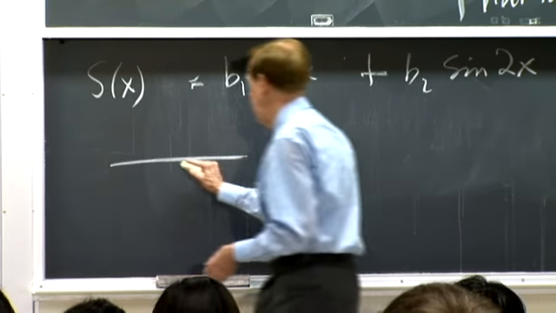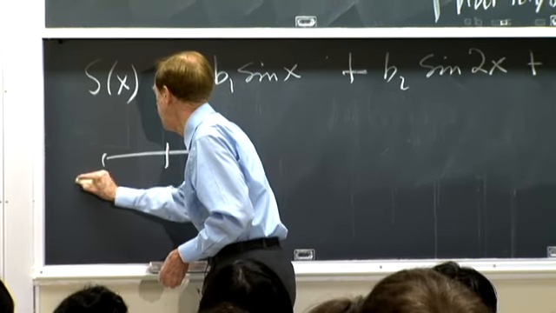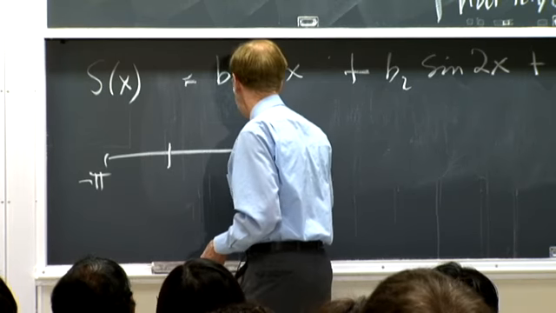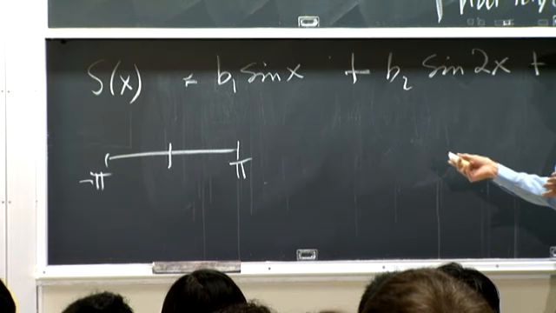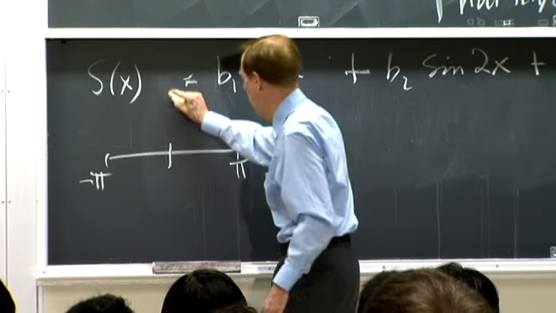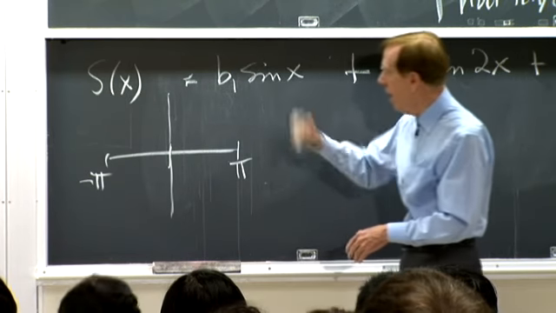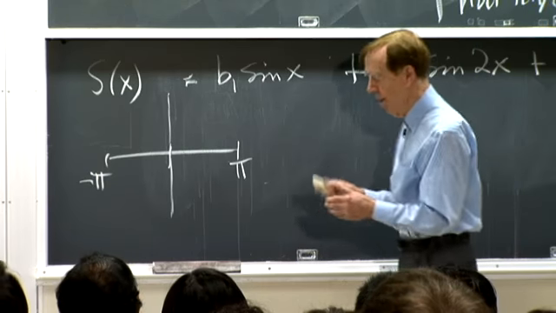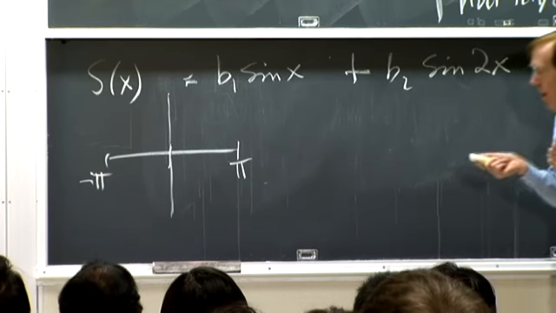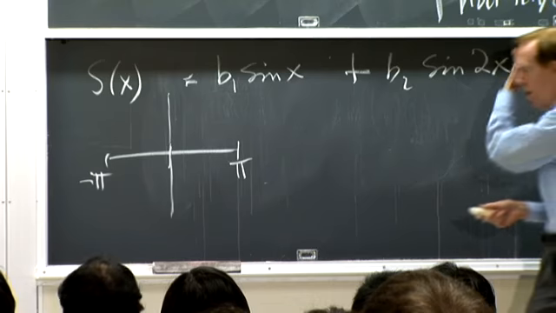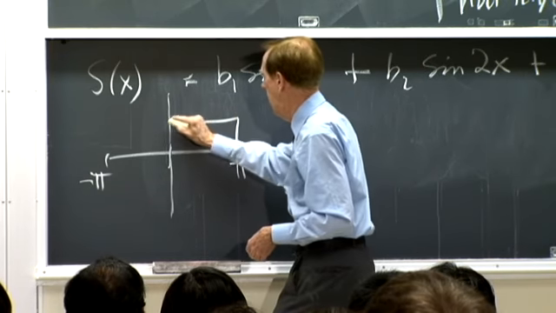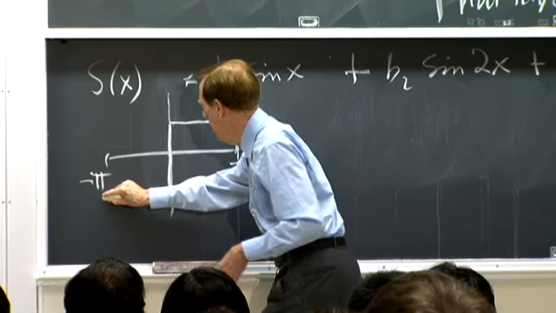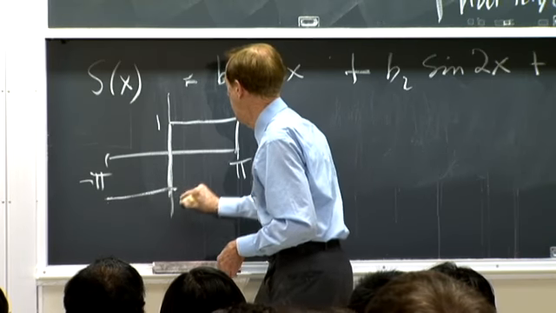So I'll pick the 2 pi interval to be minus pi to pi here, just because it's a nice way. And so that's a 2 pi length. There's 0. I want the function to be odd across 0. And I want it to be simple, because it's going to be an important example that I can actually compute. So I'm going to make it a 1 there and a minus 1 there. So a step function.